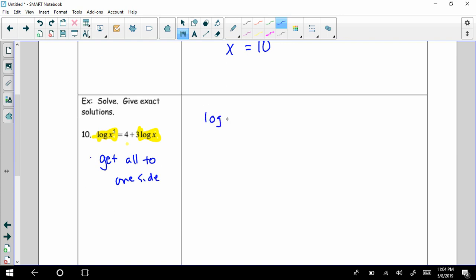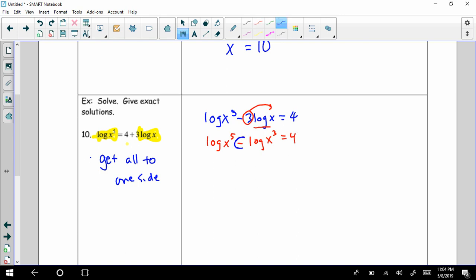And start by doing that. So I have log x to the 5th minus 3 log of x is equal to 4. So a couple things. I need this 3 to be only on this second log, so I'm going to move it to my exponent position. So now I can rewrite this as log x to the 5th minus log x to the 3rd is equal to 4.